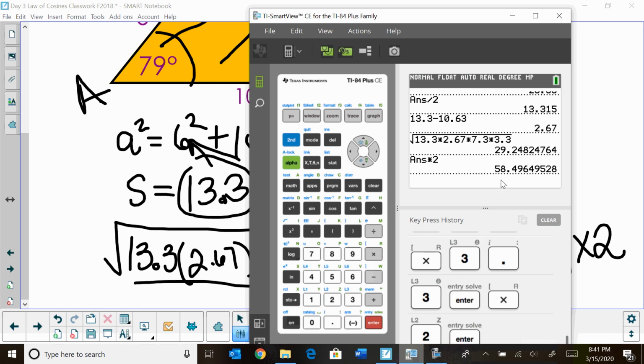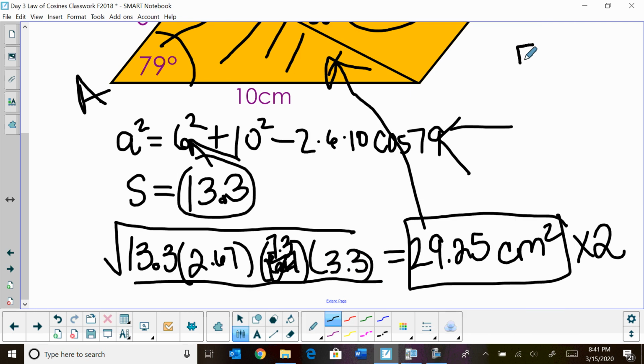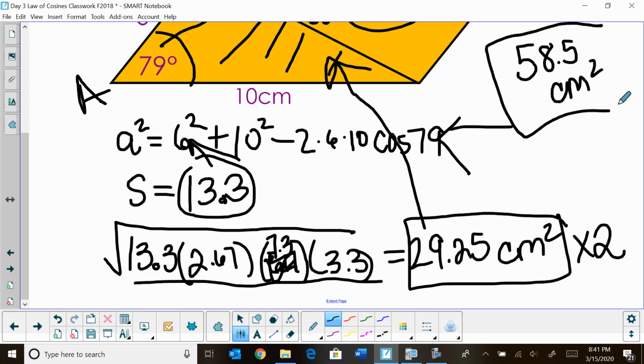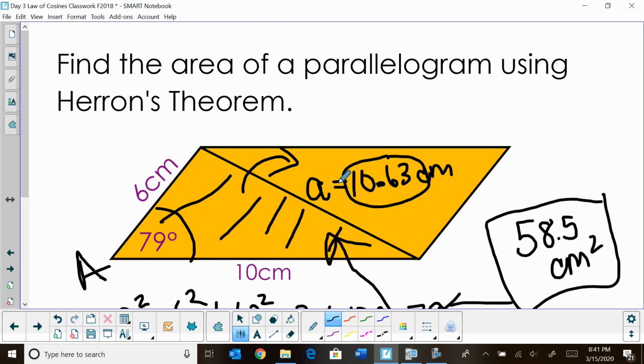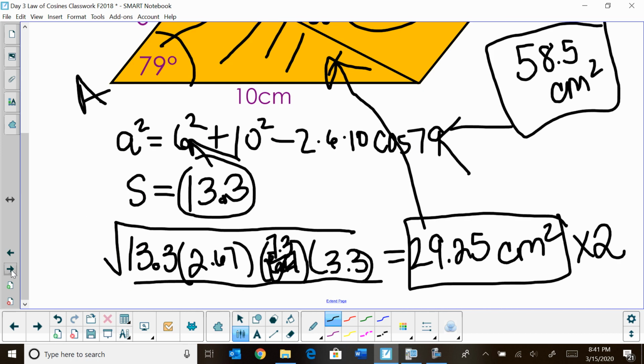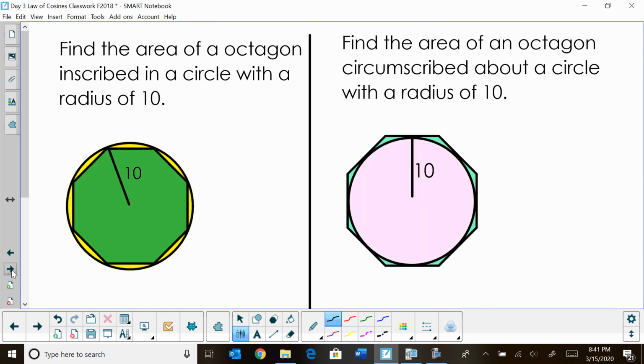And that is going to give me 58.5. So my final answer is 58.5 centimeters squared for the area of the entire parallelogram. So it's kind of cool how you can use the law of cosine to find the diagonal and then use Heron's theorem to find the area of the triangle and then double it for the parallelogram.